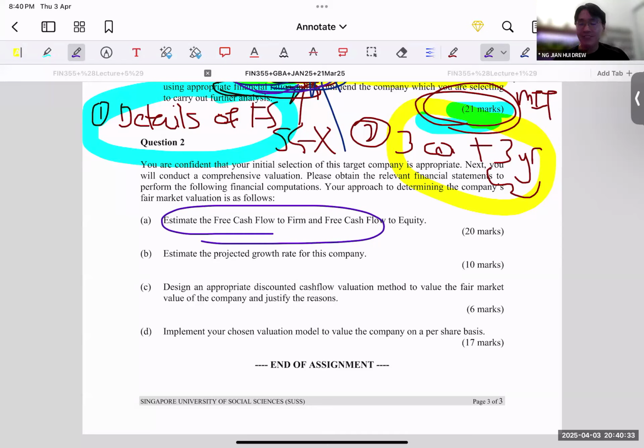So if you do this kind of additional steps, while it might not be a must to do, because you have done it, you have kind of spoiled the market, in a sense. The market saw this, and they will say, oh wow, this group deserves an A plus for this answer.